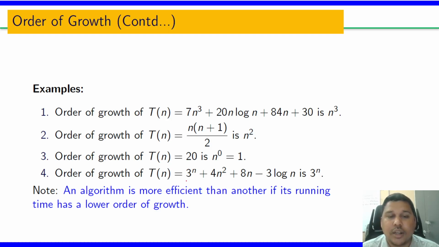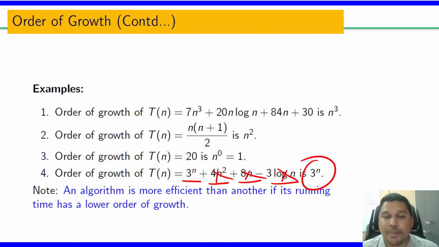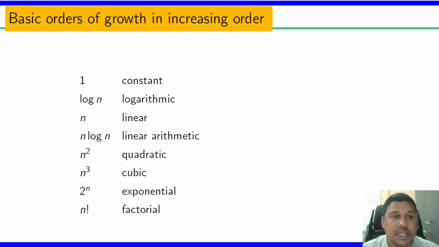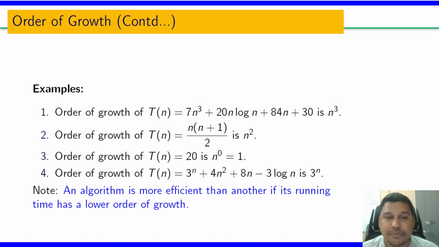Similarly, the fourth one, 3 power n plus 4n square plus 8n: all are lower order terms compared to 3 power n. Therefore, it is 3 power n. So an algorithm is more efficient than another if its running time has a lower order of growth. Okay, so that's what we have seen.